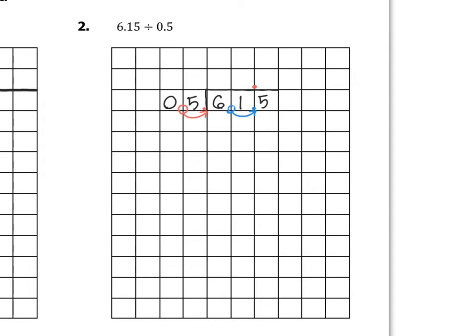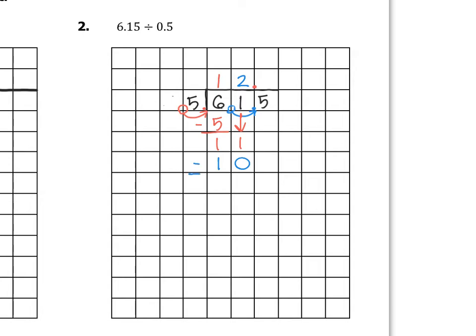So now it's time to divide. Now I can treat this as 5 going into 615. I really don't need this 0 here in my divisor anymore. So let's take 5 into 6. 5 will go into 6 one whole time. 1 times 5 is 5. I subtract and I get a 1. And now I bring down my 1. 5 into 11. 5 will go into 11 2 whole times. 2 times 5 is 10.